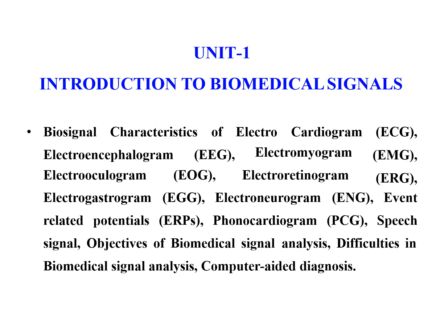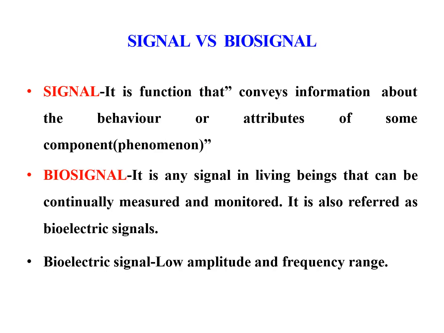Topics: biosignal characteristics of electrocardiogram, electroencephalogram, electromyogram (EMG), electrooculogram (EOG), electroretinogram (ERG), electrogastrogram (EGG), electroneurogram (ENG), event-related potentials, phonocardiogram, speech signal, objectives of biomedical signal analysis, difficulties in biomedical signal analysis, computer-aided diagnosis.